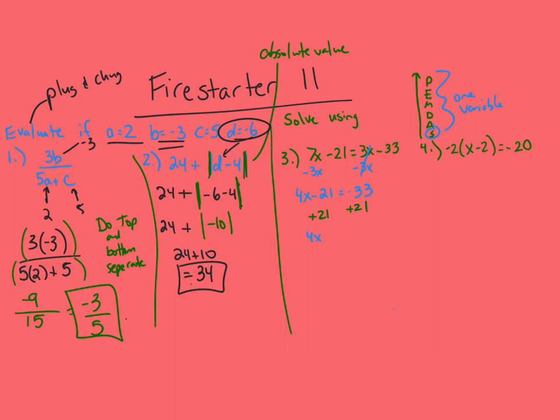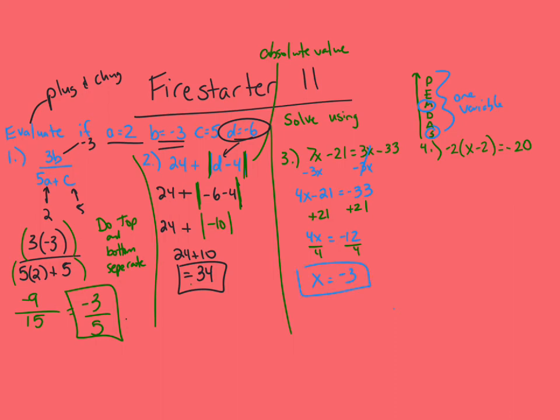Remember, see how there is 21 on both sides? That means I did balance it correctly. I get 4x equals -12. Now I have multiplication, so to get rid of multiplication, I divide. So I divide both sides by 4. So that means I end up with x equals -3.